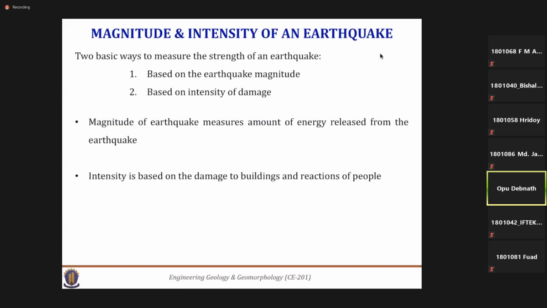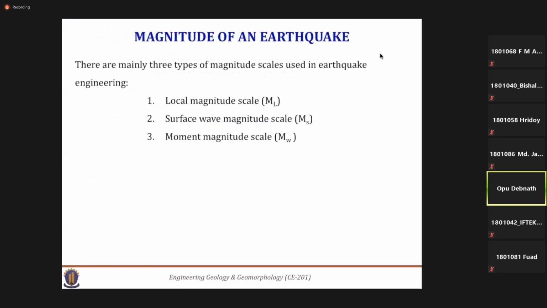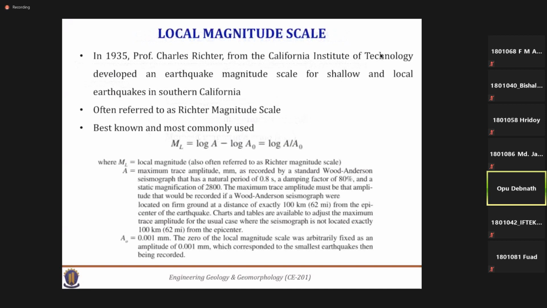Based on the amplitude, ground movement, etc., we will decide the magnitude. To calculate the magnitude, there are three main types of magnitude scale: the local magnitude scale, surface wave magnitude scale, and the moment magnitude scale. In all those cases, there are some empirical equations.